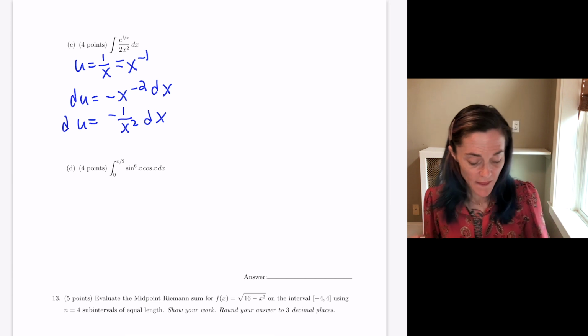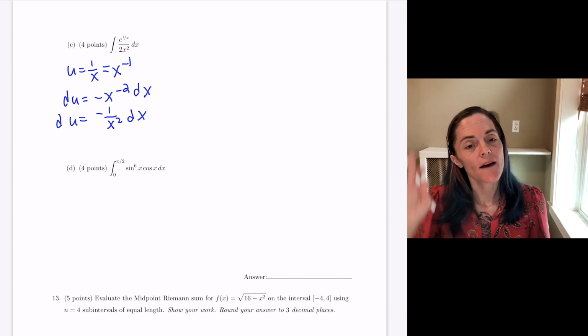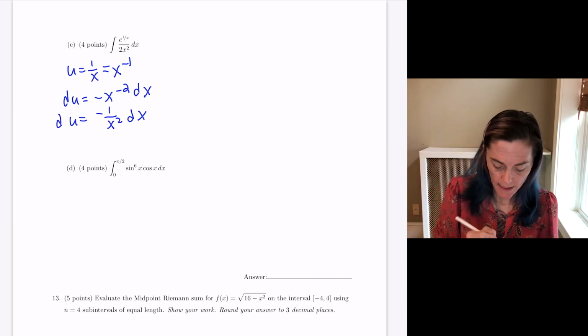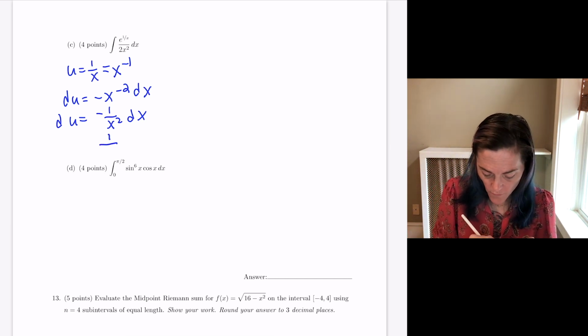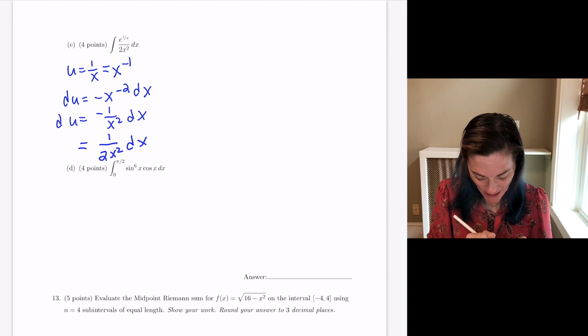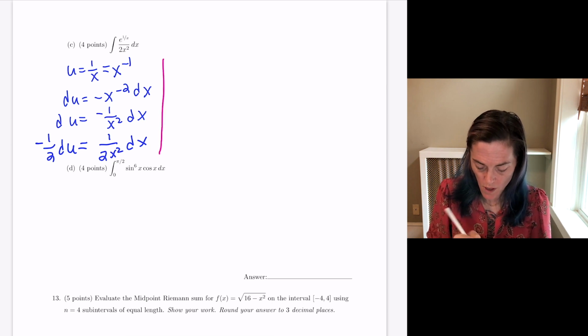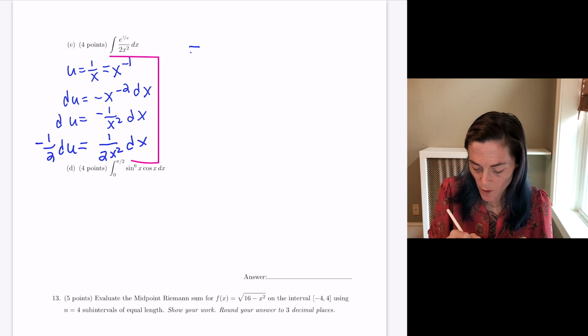Now, at this point, look in your integral. You see, in my integral, I have 1 over 2x squared dx, which will be negative 1/2 du. Okay, wonderful. So here is my substitution box. So I have an integral.